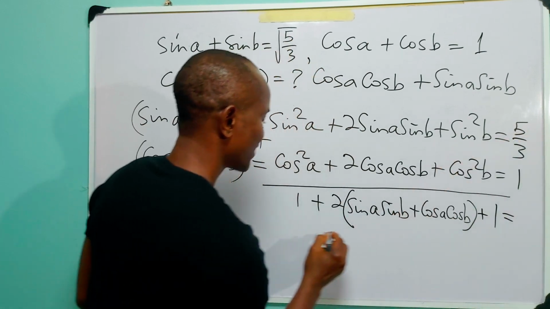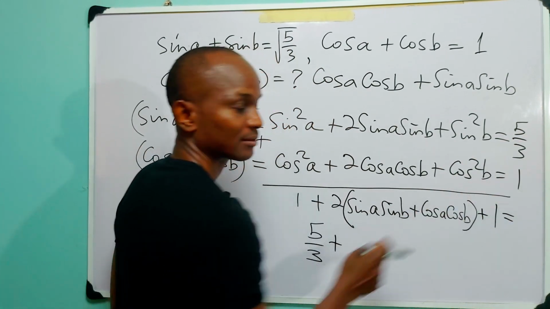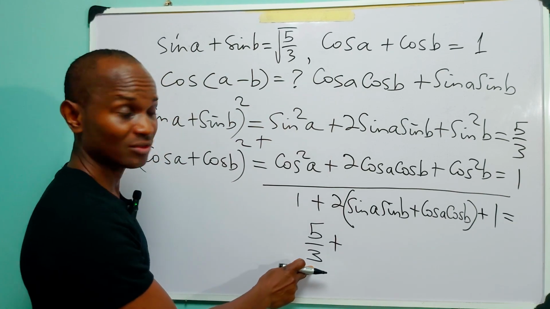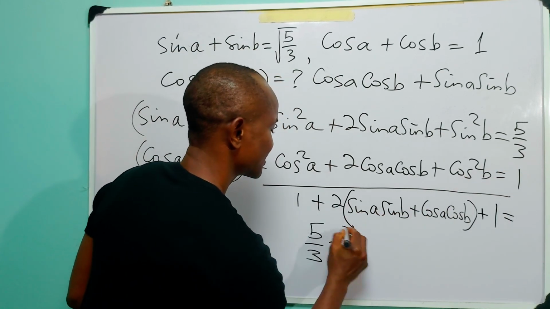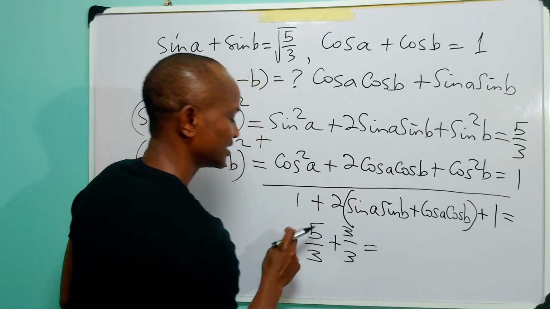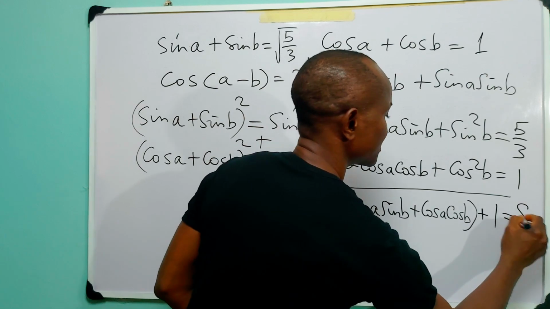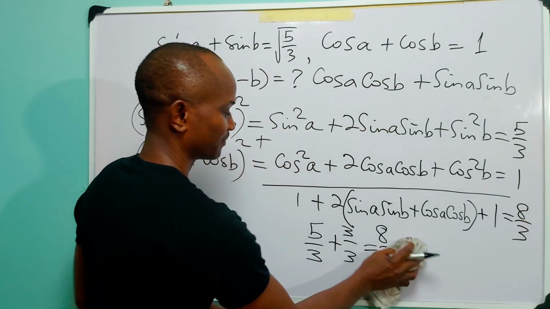Now here we have 5 over 3 plus 1. But because of this denominator, let us express 1 as 3 over 3. Now we can just add the numerators and we have 8 over 3. So we know that this is equal to 8 over 3.